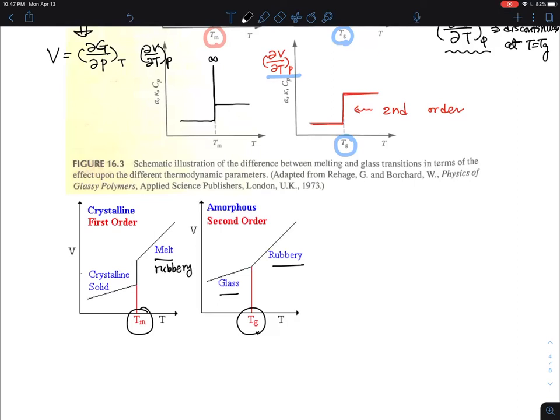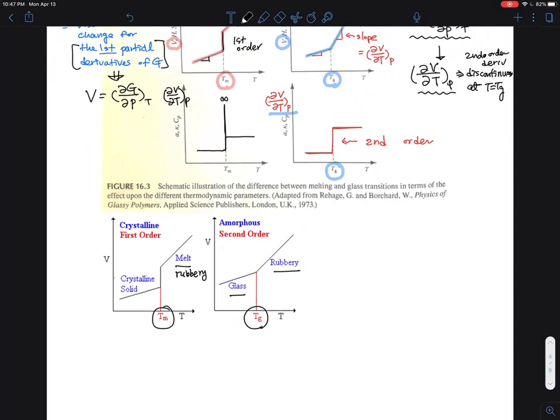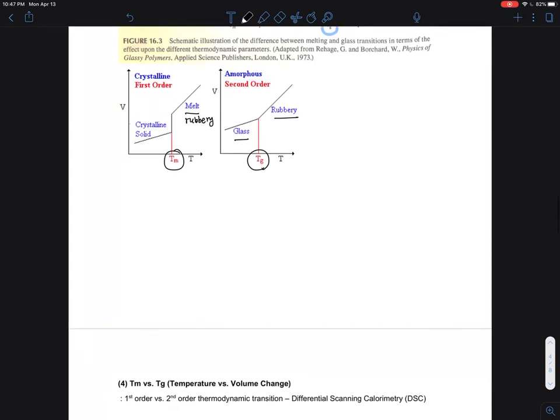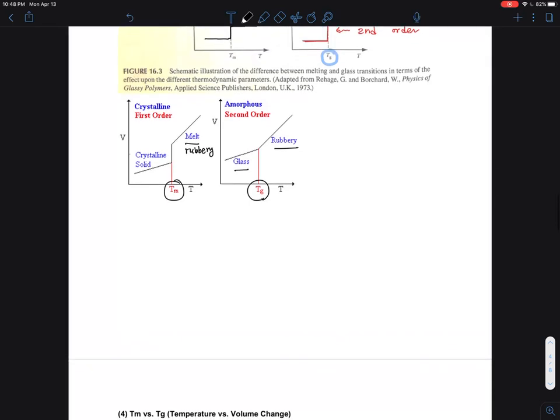But this is a crystalline solid, meaning that there is a solid, and below here you are expecting to see the crystalline domain with an amorphous rubbery chain. Okay, and this is what I talked about. Next section, I'm going to talk to you about differential scanning calorimetry and how this idea applies.